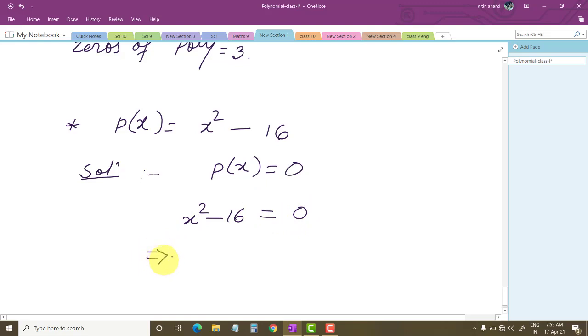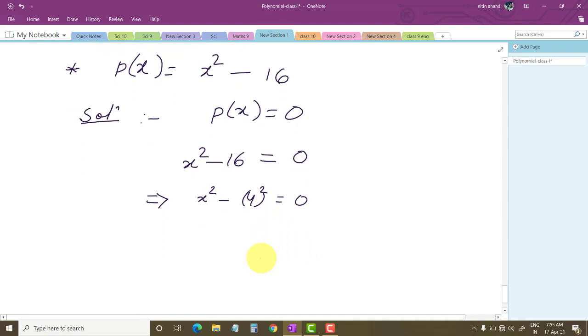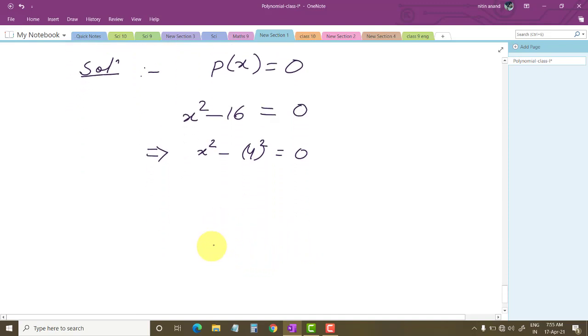Now this is x squared, and we can also write 16 as 4 squared.